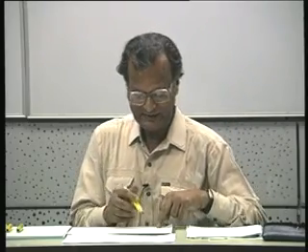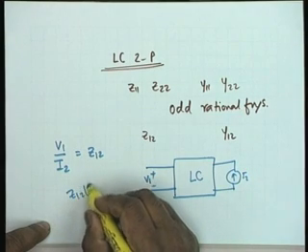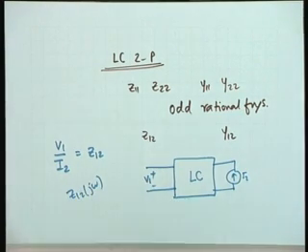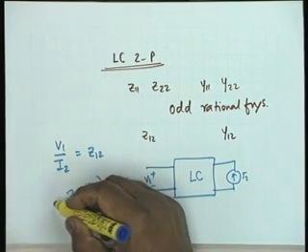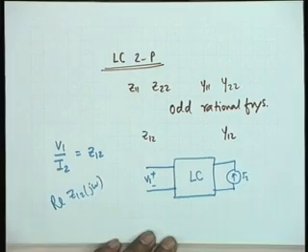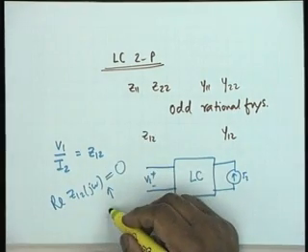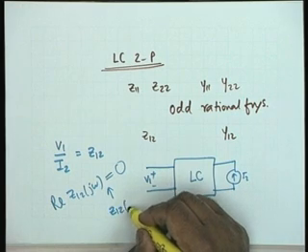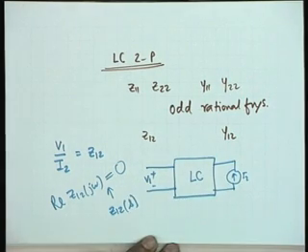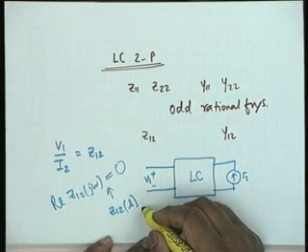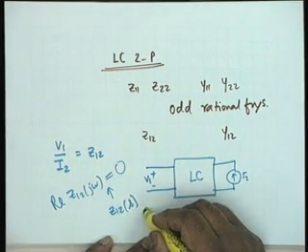In other words, if I take Z12 of j omega, this has to be purely imaginary, which means that the real part of Z12 of j omega must be equal to 0, which means now that Z12 of S, if it is purely imaginary for S equal to j omega, obviously Z12 of S must be purely odd.